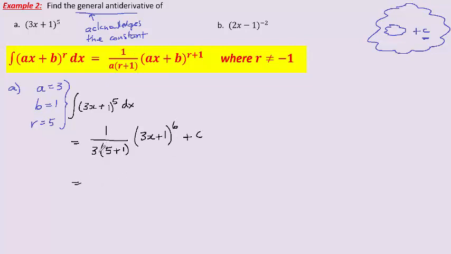So that'll be 1 over 3, 5 plus 1 is 6, 1 over 18 outside of 3x plus 1 to the power of 6 plus my constant. And that's my general antiderivative of the first one.